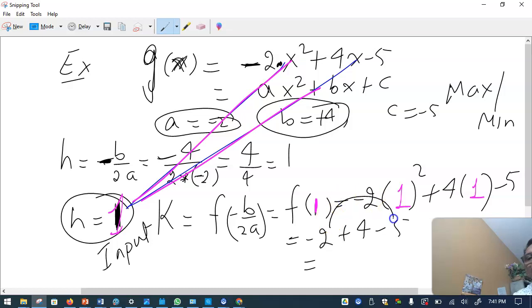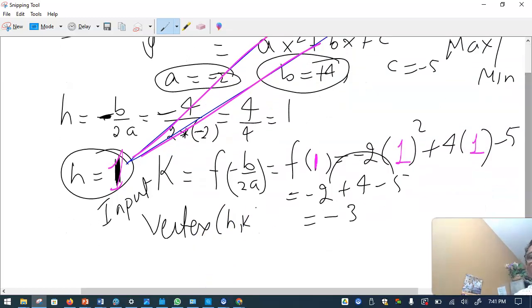We work this out: minus 2 plus 4 is 2, minus 5 is minus 3. And that's how you get it. The vertex is (h, k), and the answer is 1 and minus 3, and you're done.